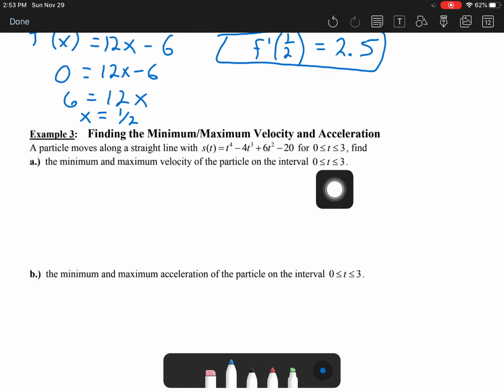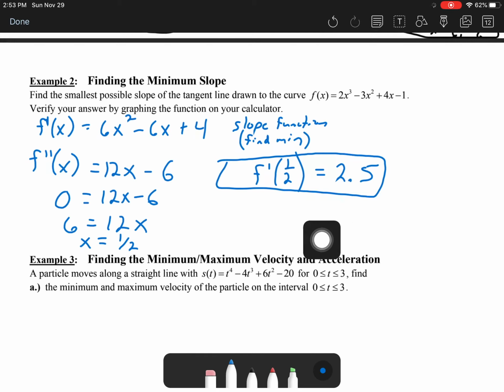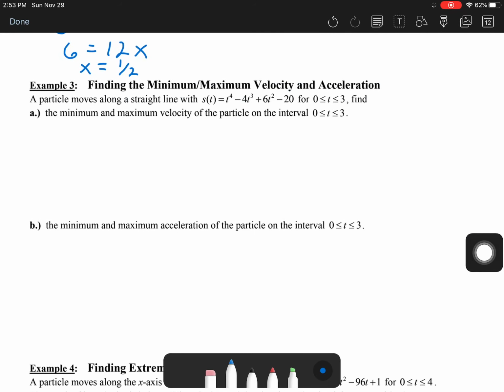Because they didn't give us a closed interval for the previous problem, I didn't test endpoints. We looked at it on the graph and knew that the slope of our cubic was a parabola, which clearly had a minimum value, so the smallest slope would be at the vertex of that parabola.